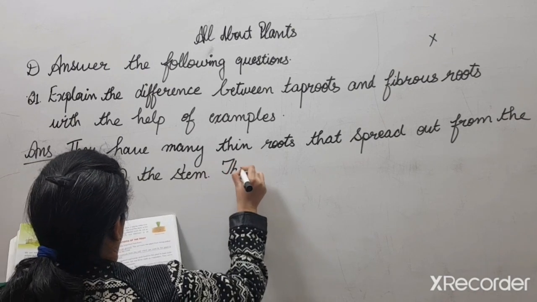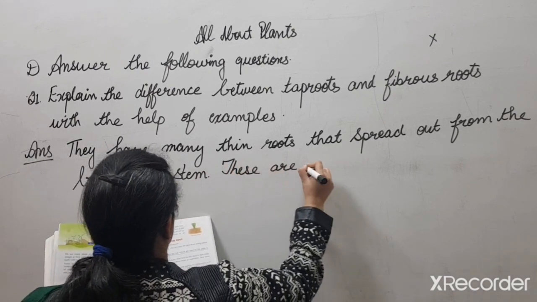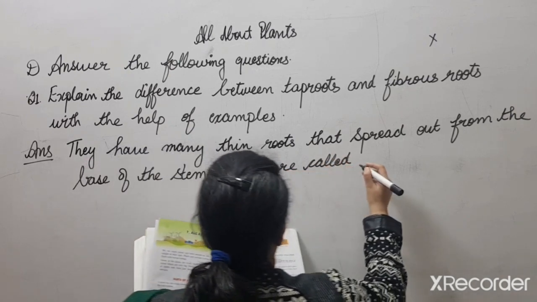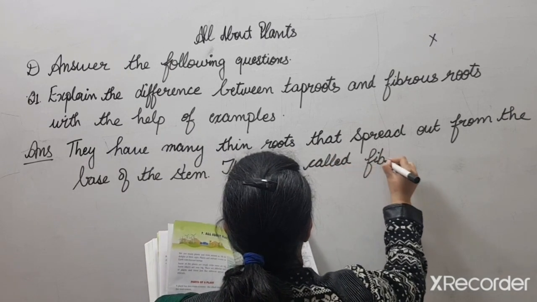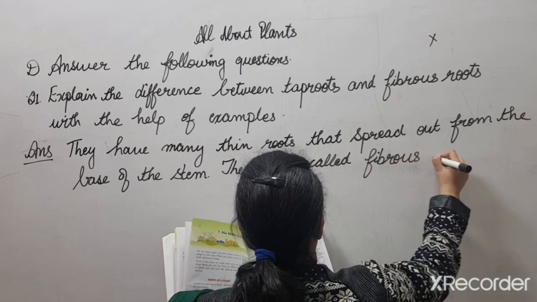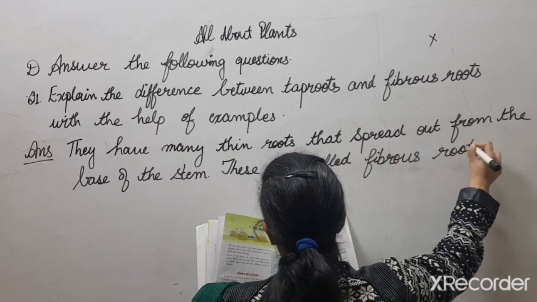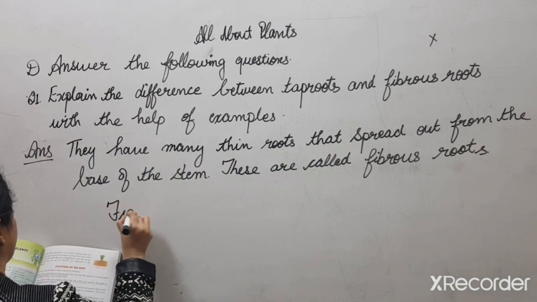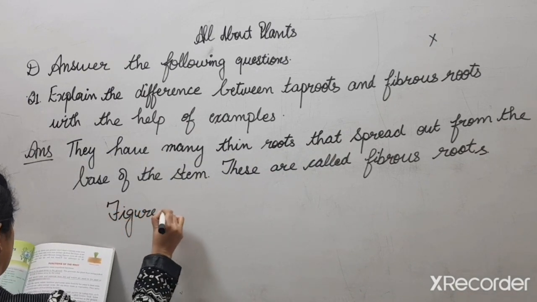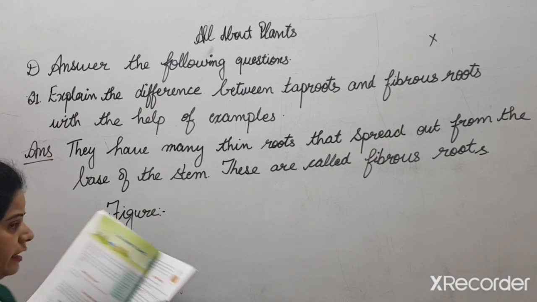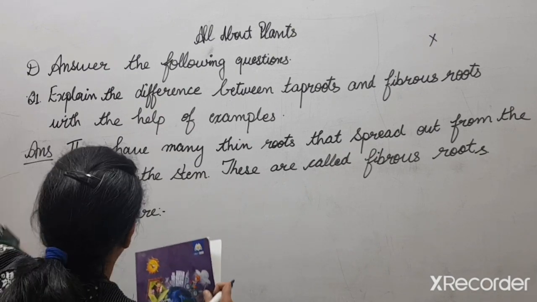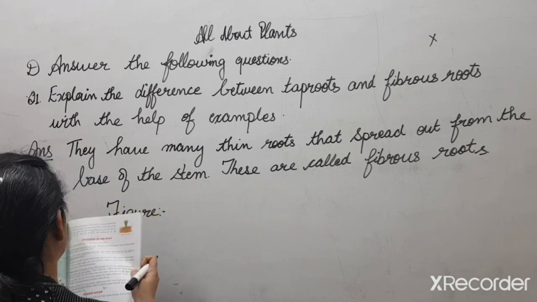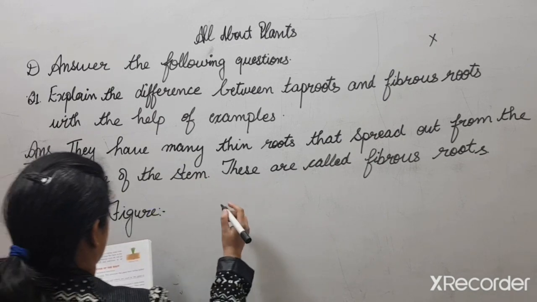These are called fibrous root. Now the figure for fibrous root we are going to draw. You can check it in a book. For the taproot it is on page number 42 and for fibrous root it is on page number 43.